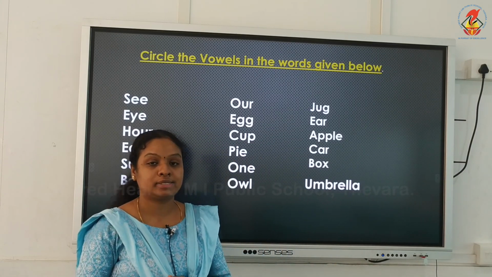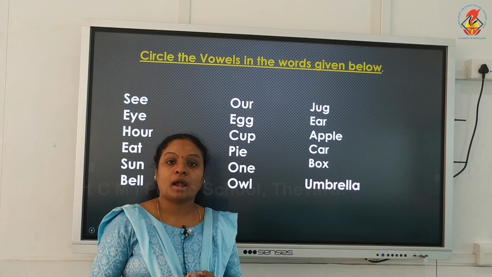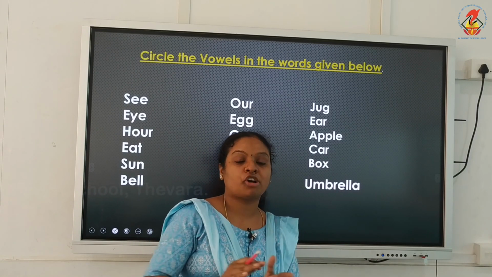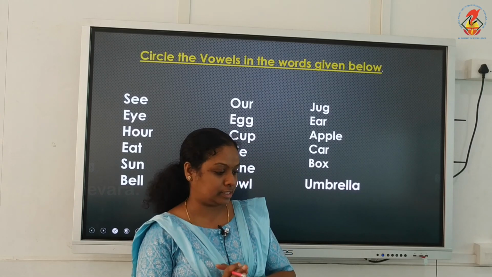So which are the vowels, children? A, E, I, O, U. Other than the vowels, the rest of the letters are consonants.